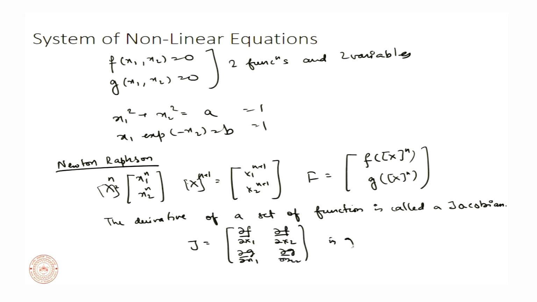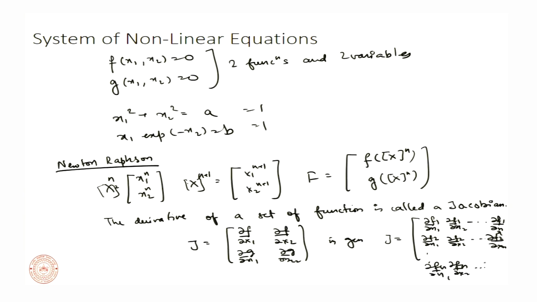In general, if you have functions f1, f2, f3 to fn and variables x1, x2, x3 to xn, then J is equal to del f1 by del x1, del f1 by del x2, all the way to del f1 by del xn, del f2 by del x1, del f2 by del x2, all the way up to del f2 by del xn, and del fn by del x1, del fn by del x2, all the way to del fn by del xn. Okay, this is our Jacobian matrix.